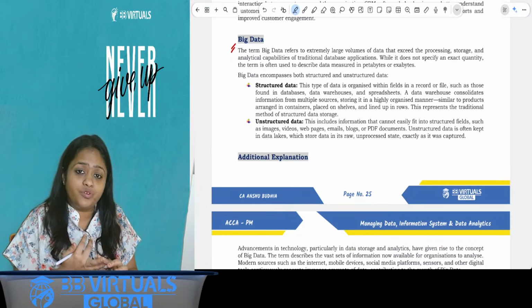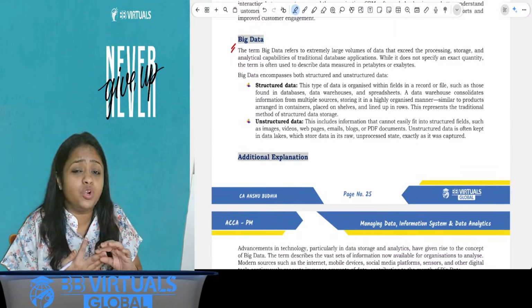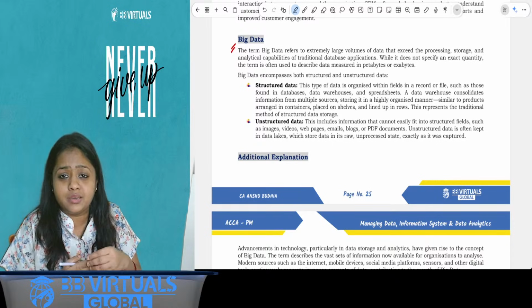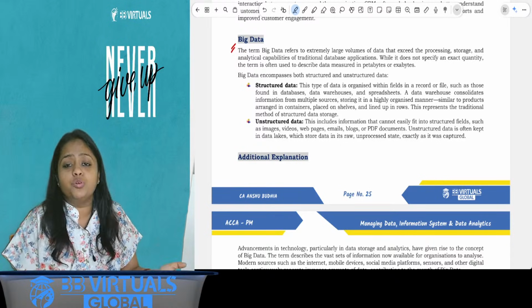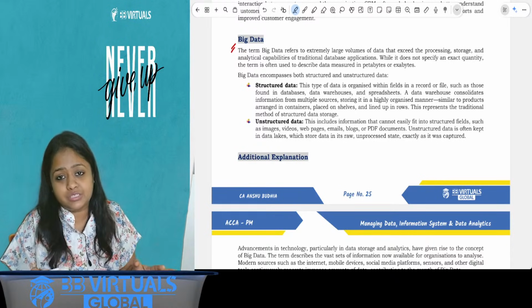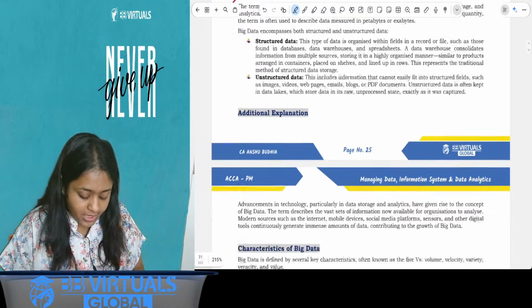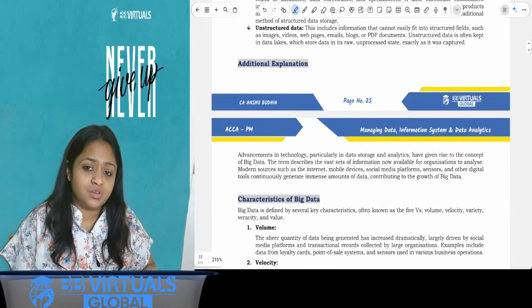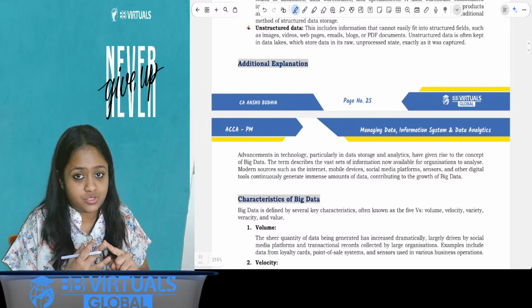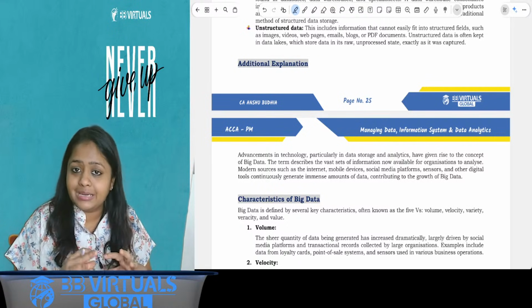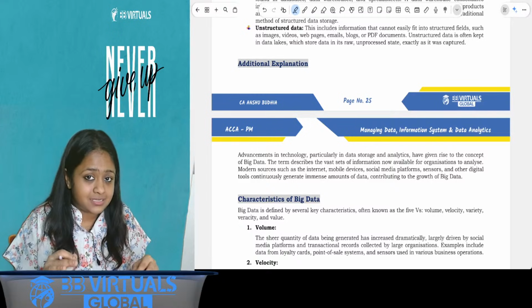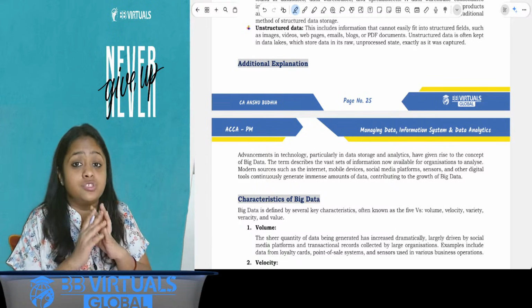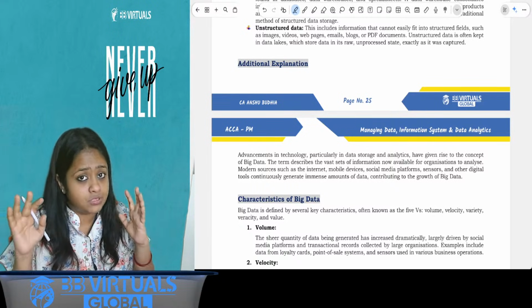It will pick up your data from social media, what you do on Instagram, LinkedIn, Facebook, X, everywhere, and the data is captured here. So it takes a combination of structured, unstructured and semi-structured data, and therefore big data is the need for today, but at the same time it is very risky also because your entire data is open to the public.